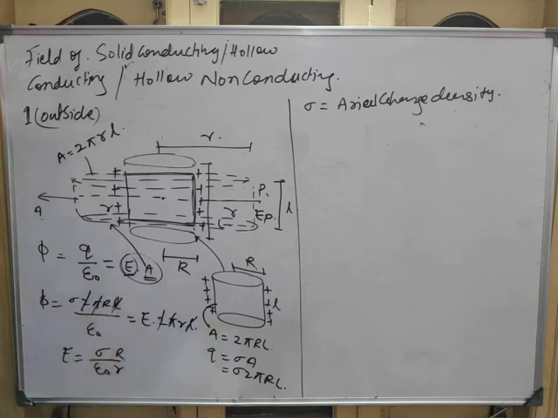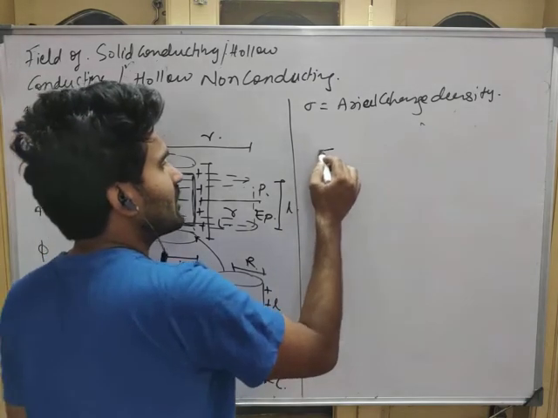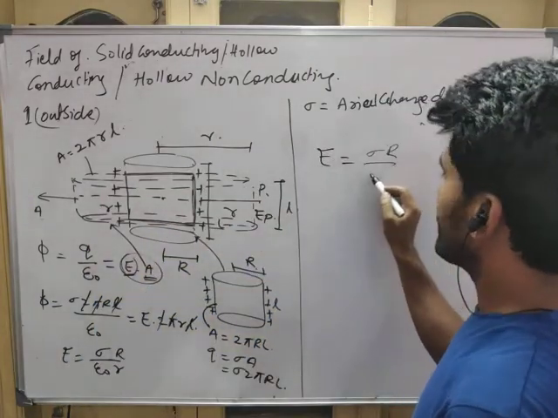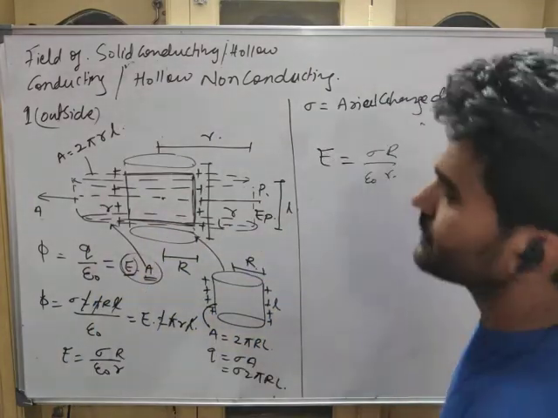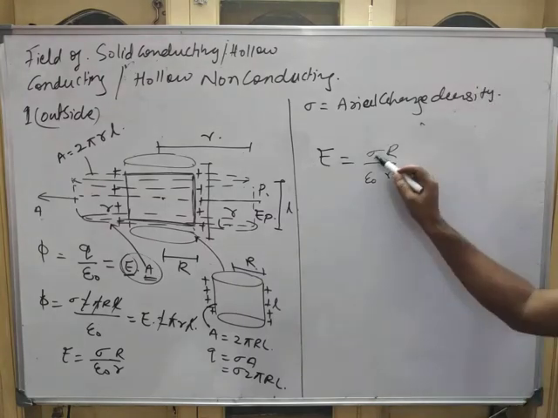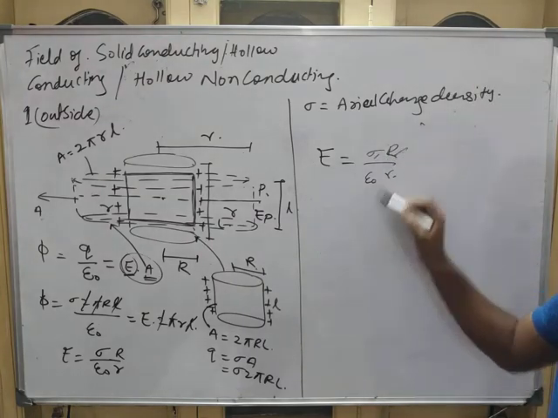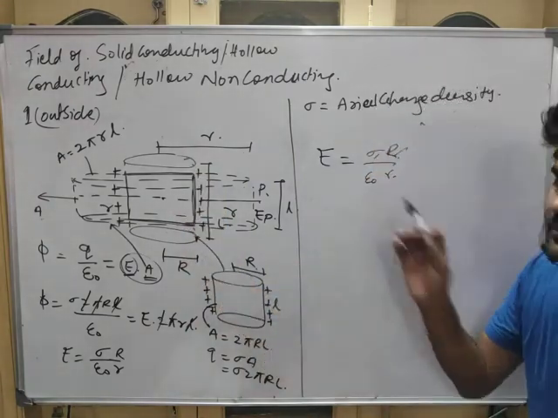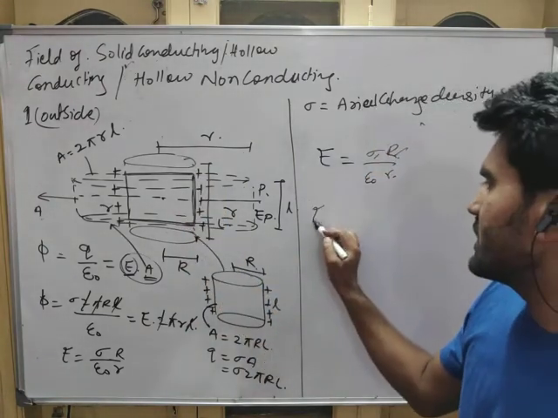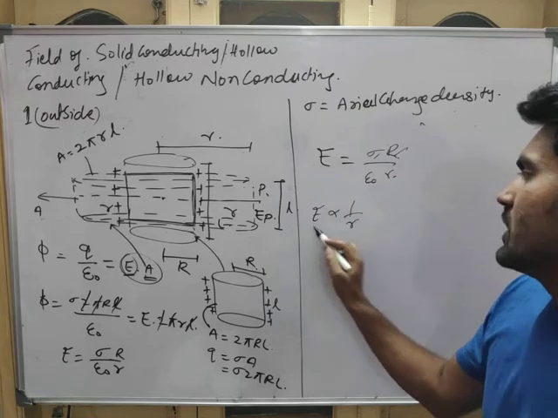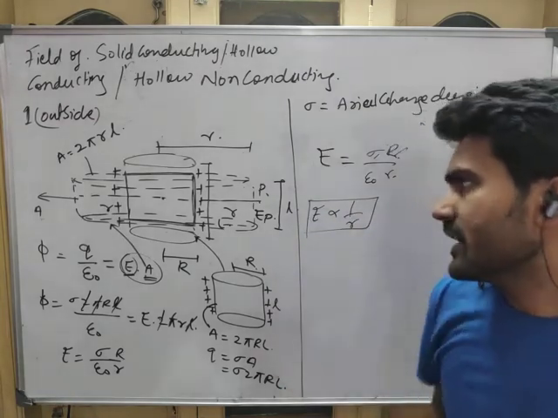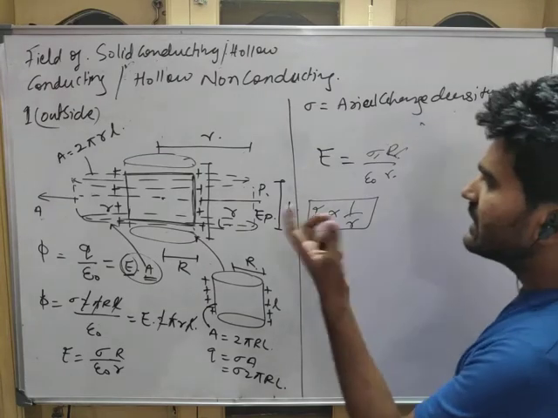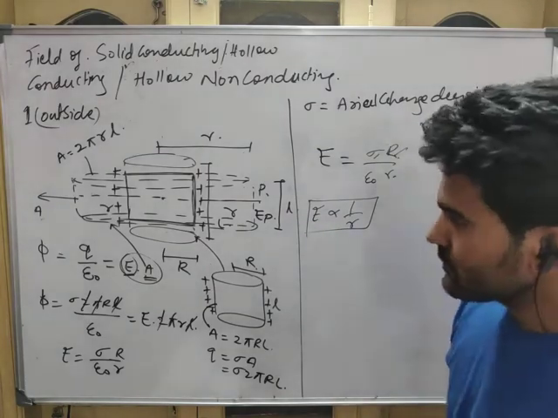So E is equal to sigma R by epsilon naught into r. This is constant for any material, and this is also constant as we have taken the original body, the radius R, and the epsilon is also constant. So we can say E is inversely proportional to r. It means as we move away from the cylinder, the field will decrease, right?